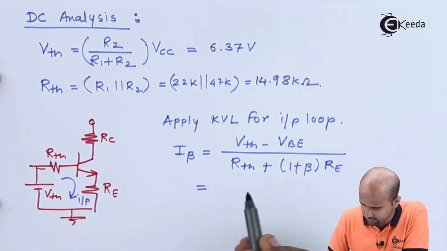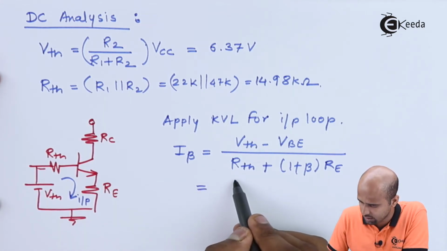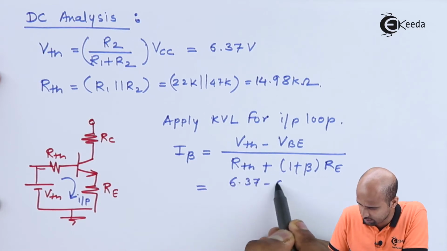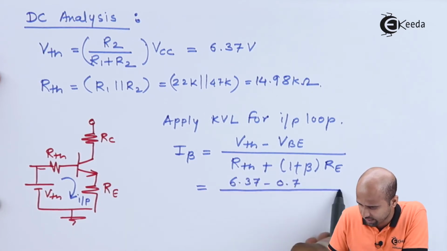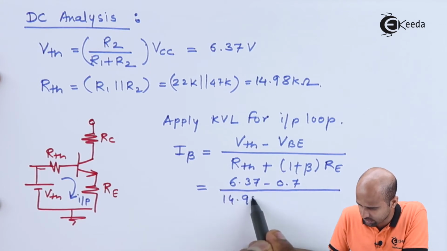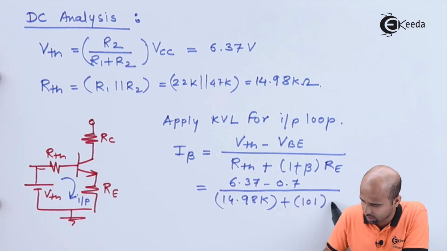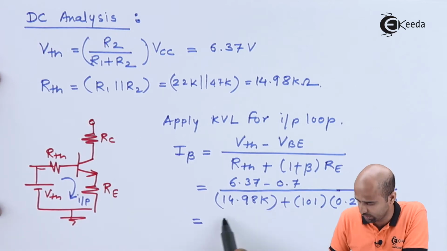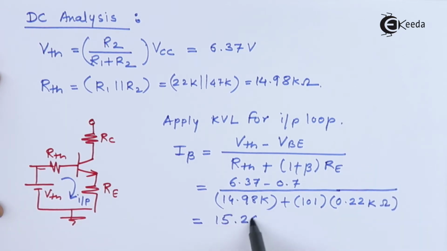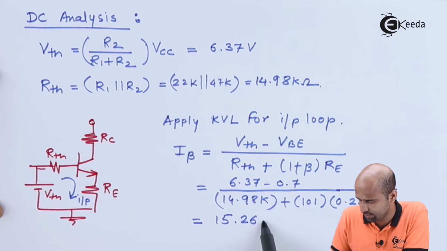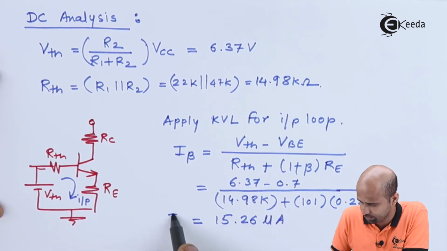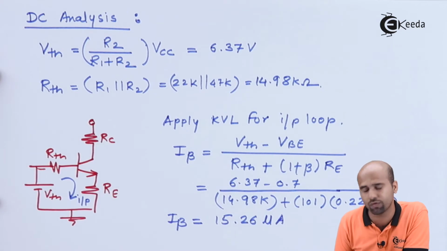With the help of that, we will calculate the value of IB as 6.37 minus 0.7 divided by RTH, which is 14.98K, plus 101 multiplied by 0.22 kilo ohm, that is 220 ohm. This value is coming out to be 15.26 microampere. This is the value of IB.